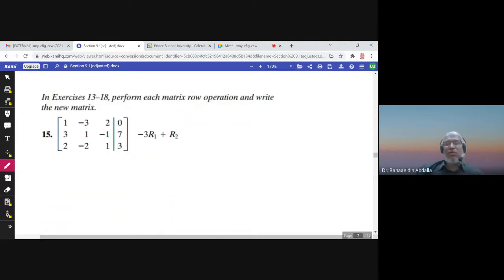Let us do this exercise. Let us perform this operation. This operation will change what? Will it change R2? So R1 is not going to be changed. So I am going to write it as it is. And R3 is not changing. Now pay attention. Negative 3 times 1 plus 3.